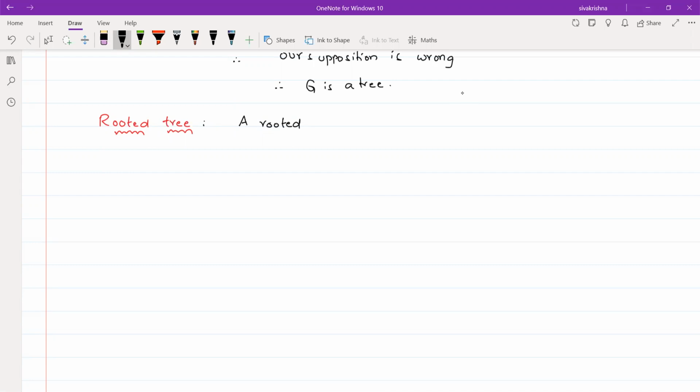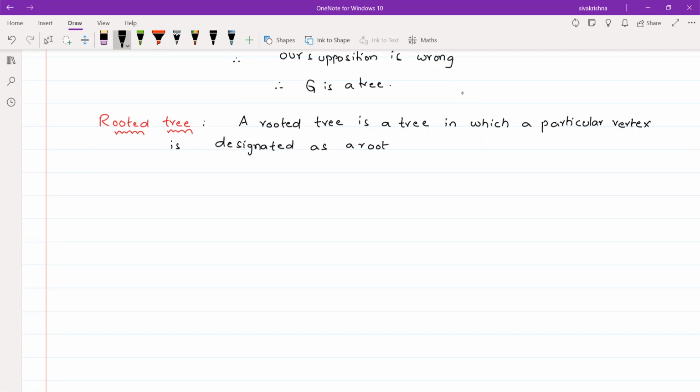So coming to the first one, rooted tree. A rooted tree is a tree in which a particular vertex is designated as a root.